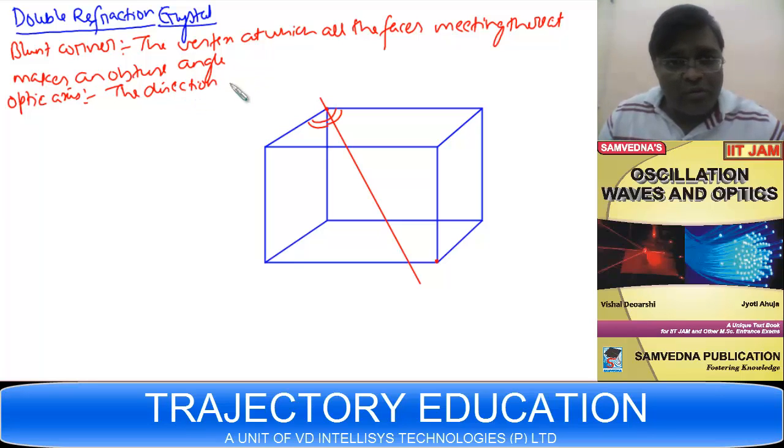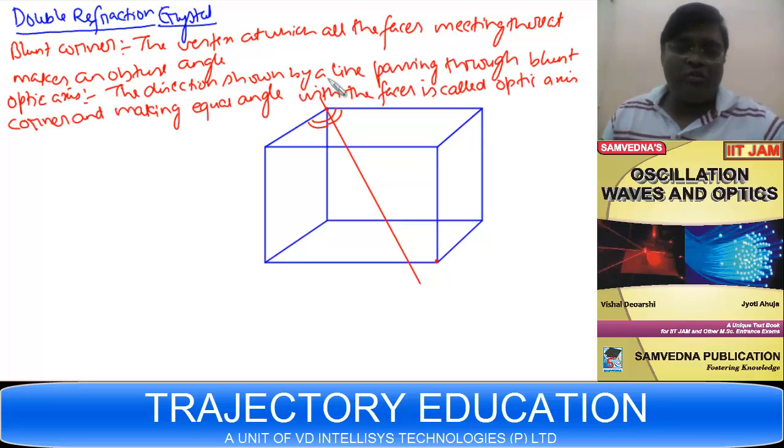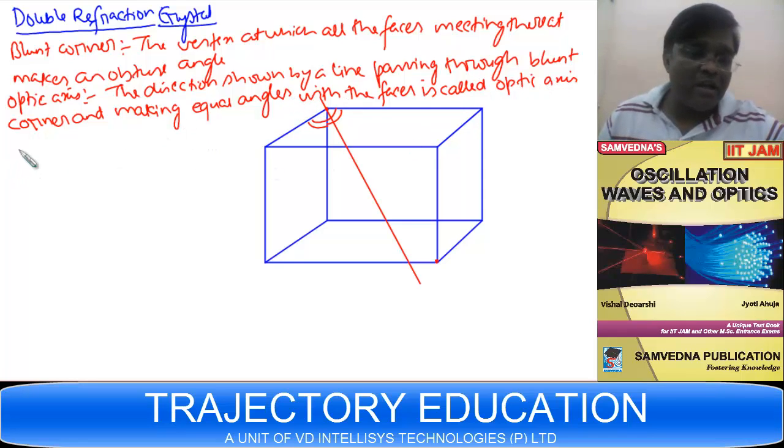The direction shown by a line passing through the blunt corner and making equal angle with the faces is called the optic axis. So the optic axis is not a line but a direction.